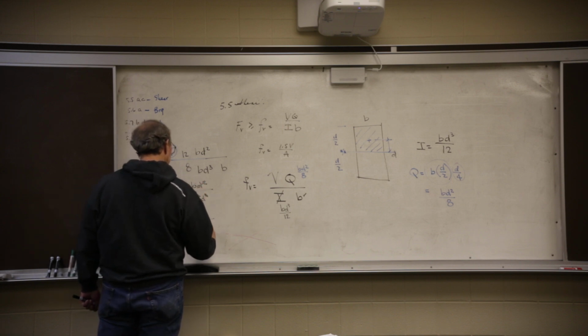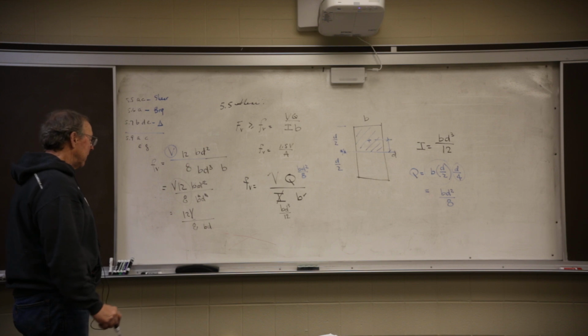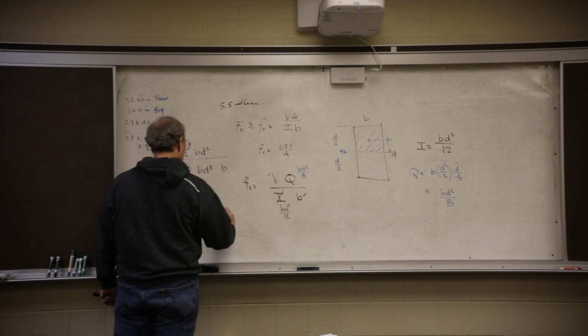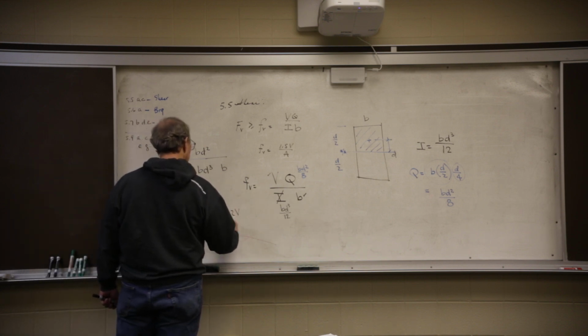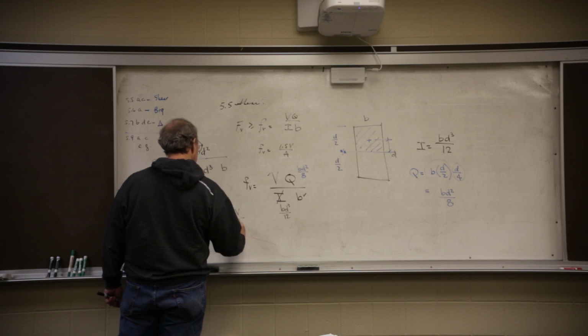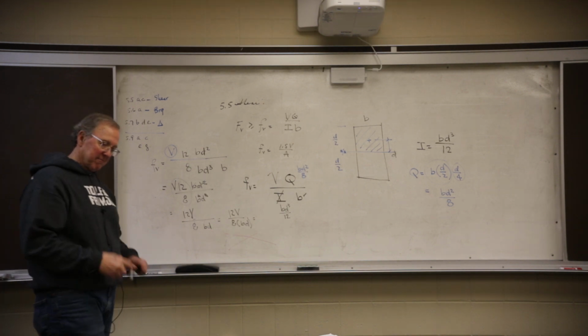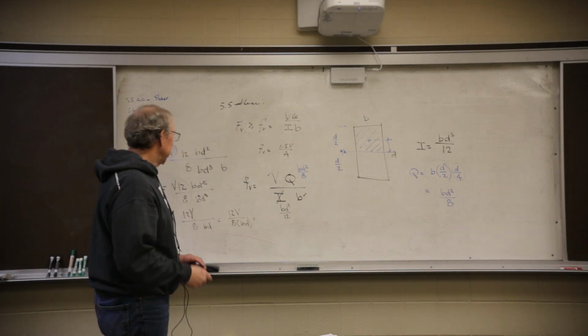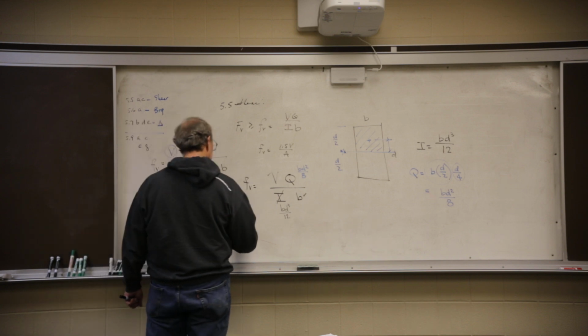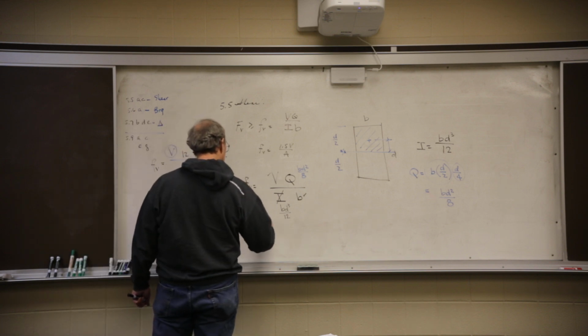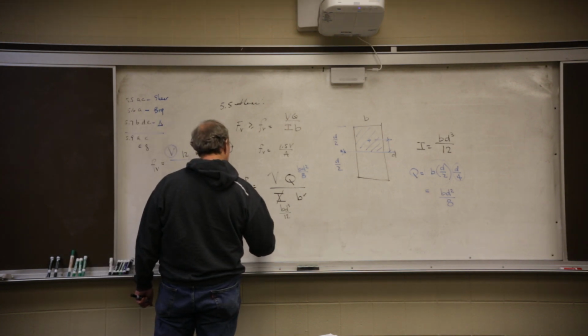That makes that a D. So now I've got 12V over 8BD. What is B times D? Isn't B times D the area? So this is the area. So now I've got 12V over 8A.